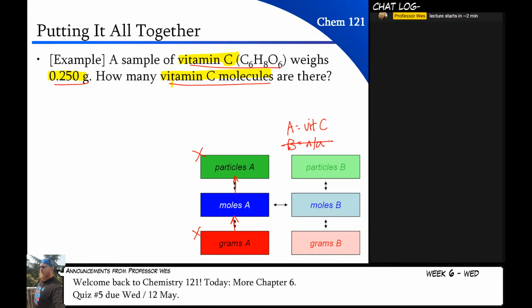So now let's go and write in all the relationships for these, like we've been doing all along. For grams and moles, how many grams of vitamin C are there in a mole of vitamin C? Well, we can go look that up. How do we go look that up? You find it on the periodic table, or you look it up on Lentech by typing the formula in and getting the mass. I don't remember the formula for vitamin C, so C6H8O6.